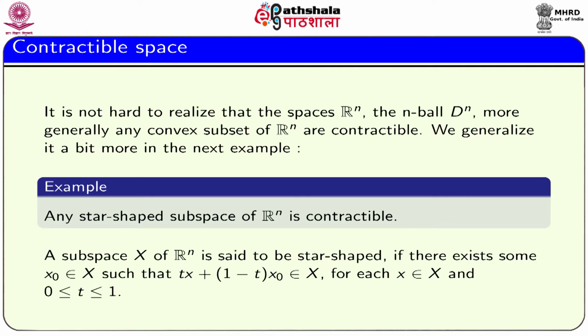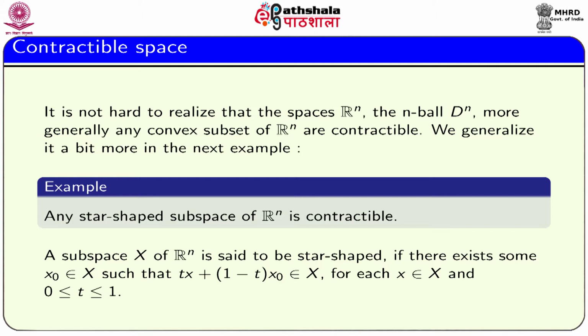A subspace X of Rn is said to be star-shaped if there exists some point x0 belonging to capital X such that tx + (1 - t)x0 belongs to capital X for each x belonging to capital X and for every t varying over the closed interval [0, 1].